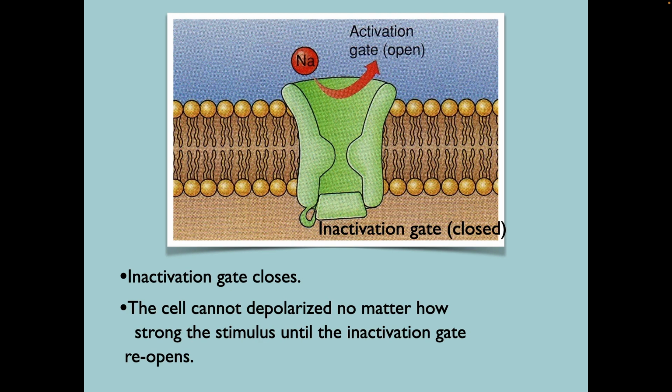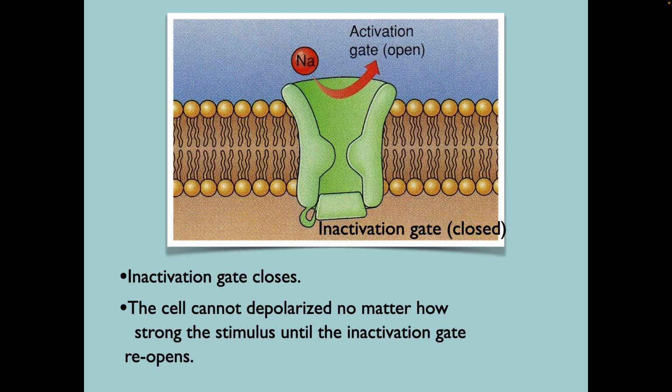But these gates are really complicated. Not only do they have the open-shut part of the gate, it has a secondary part called the inactivation gate. You don't have to remember that name. You can just think of it as the plug at the bottom of the sodium channel. Right after the sodium rushes in, the plug at the bottom, the inactivation gate, plugs the hole. Even though this is open, you would think sodium could go in. It can't because of the plug.